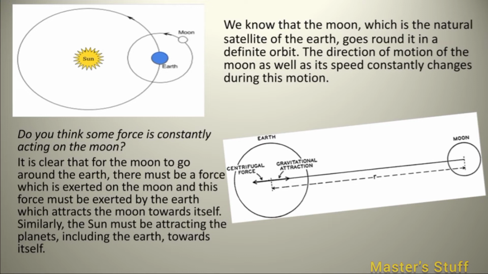And these two forces help the motion of the moon round the earth. Similarly, the sun must be attracting the planets, including earth, towards itself.